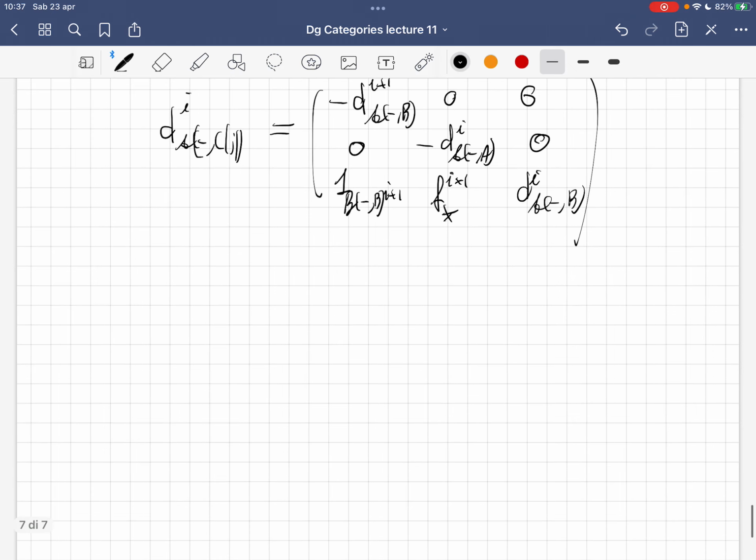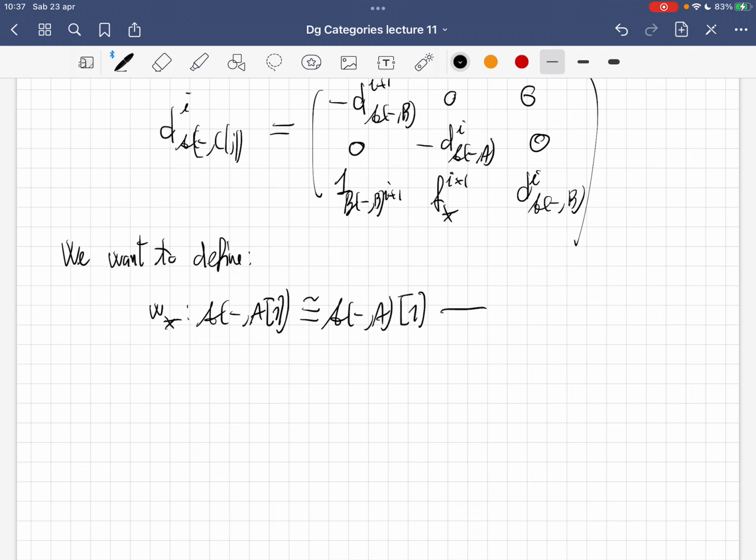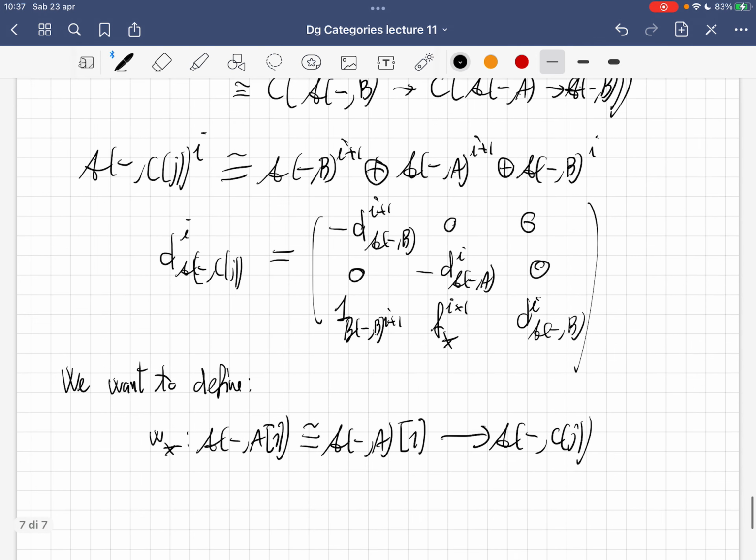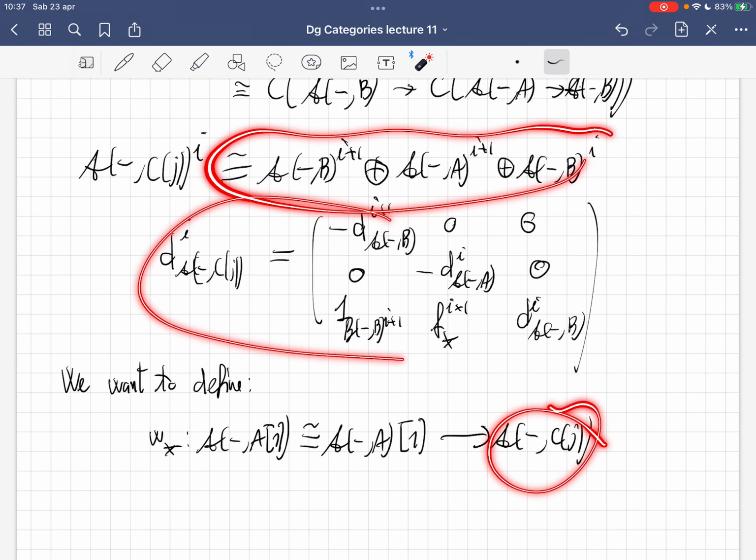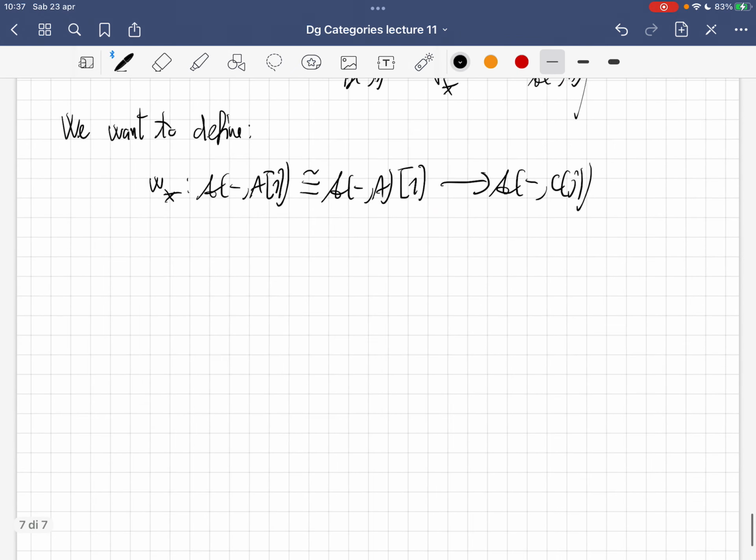So you have this big differential, and when we define this W, this one we identify with the shift of this, and this one we identify with this together with this differential.